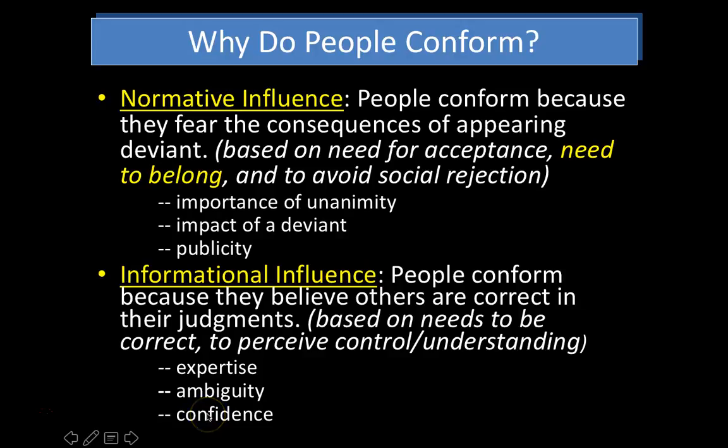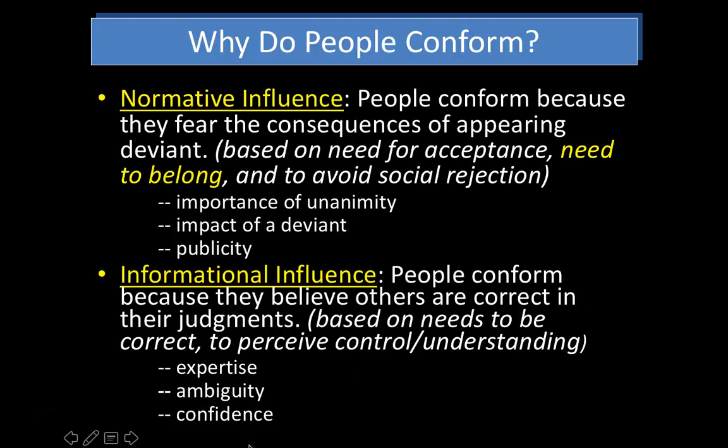The less confident people are in their skill, the more they conform to the unanimous majority giving a very different kind of answer. The more expert they perceive the group to be, the more likely they are to conform to it. And the more ambiguous the task, the more people are likely to conform, particularly when they perceive others to be expert and their confidence to be low.